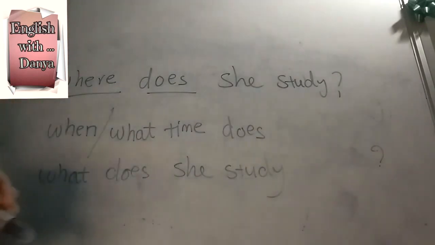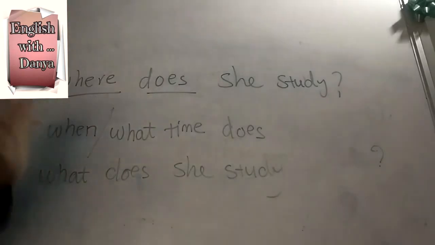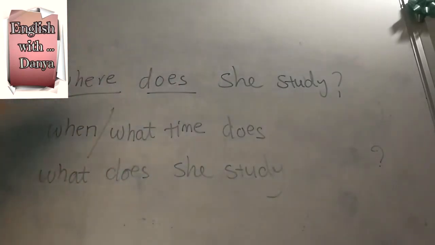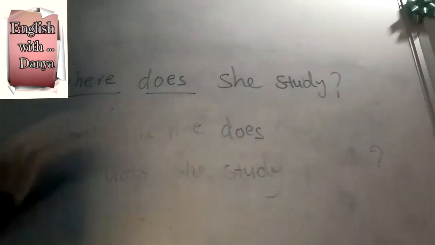We use simple present to provide information about opinions, about facts, and maybe ideas as well. A lot of students keep asking me, when do we need to use simple present?